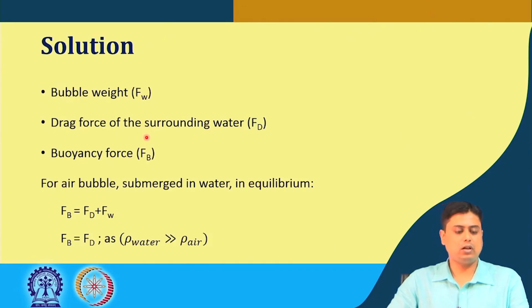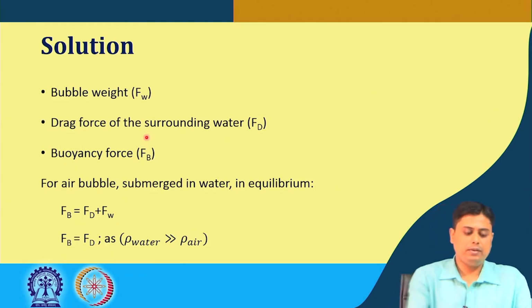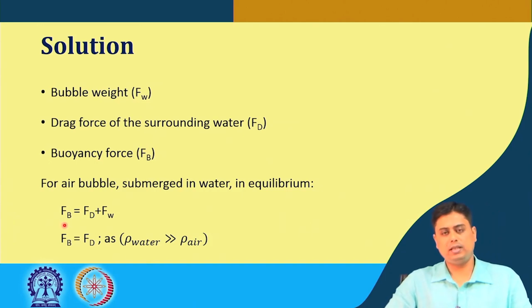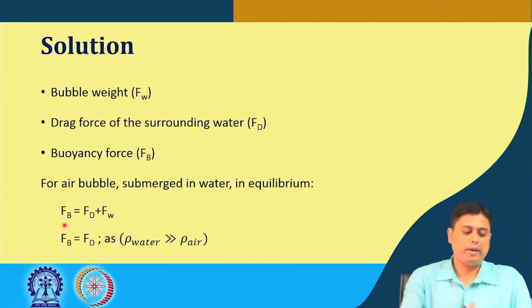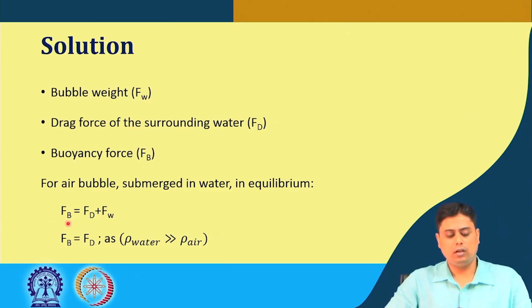Okay. So in this case also we will take a similar process. We will try to make a balance of forces at equilibrium. So for an air bubble, when submerged in water and in equilibrium, the buoyancy force is basically drag force plus its weight. Now the air bubble weight, compared to the magnitude of these forces, is small, because these forces deal with the density of the water while this is purely the density of the air.